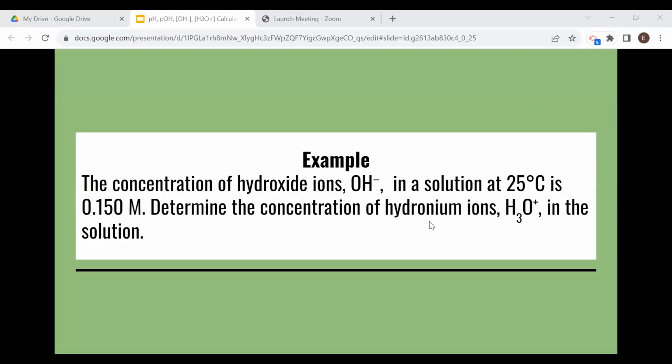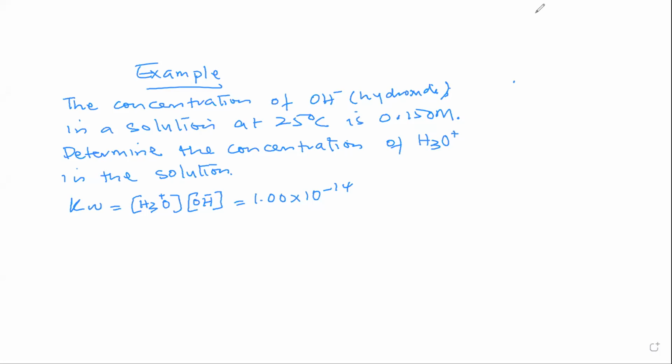Let's look at an example. The concentration of hydroxide ion in a solution at 25 degrees Celsius is 0.150 molar. Determine the concentration of hydronium ions in the solution. So we look at what we know.